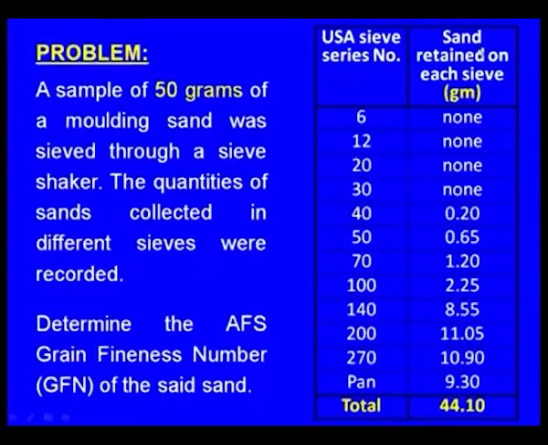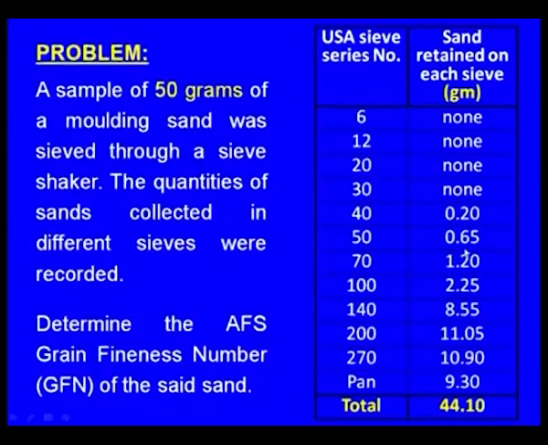Now in these sieves, these are the sands collected. In the first 4 sieves, no sand was collected. Next, in the sieve with number 40, 0.2 grams were collected. Similarly, in the sieve with number 50, 0.65 grams were collected. In the sieve with number 70, 1.2 grams.